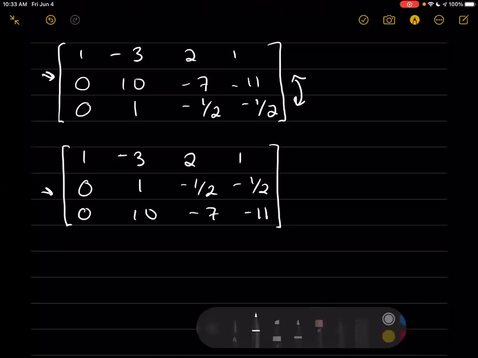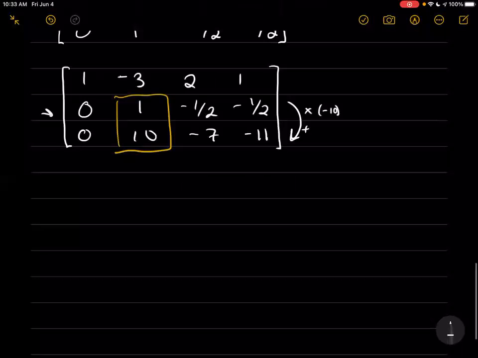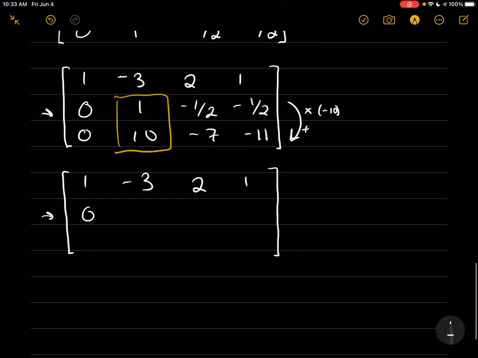Okay, and now we can go ahead and eliminate that 10 by multiplying this second row by -10 and adding it to the third row. And when we do that, the first row stays the same, the second row stays the same, and in the bottom row we get 0, and then -10 plus 10 is 0, which is what we wanted.